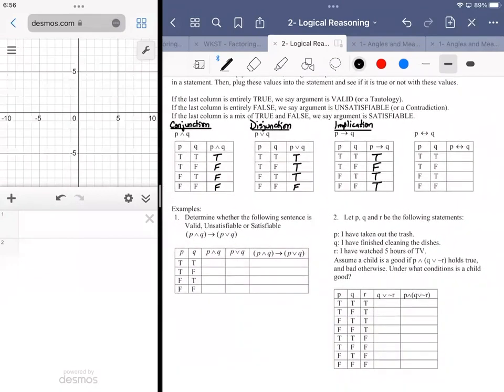All right. Now, the biconditional is basically P then Q followed by Q then P in conjunction.